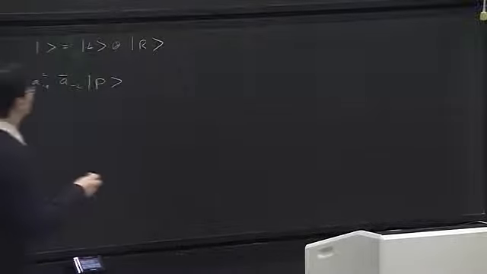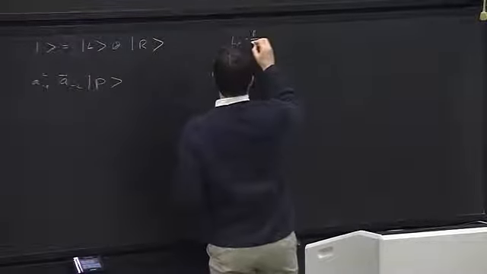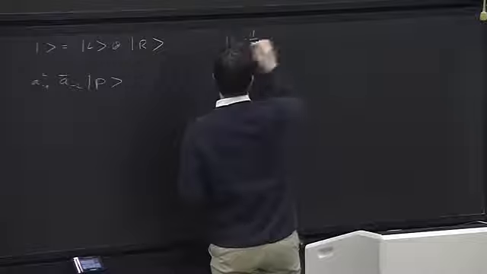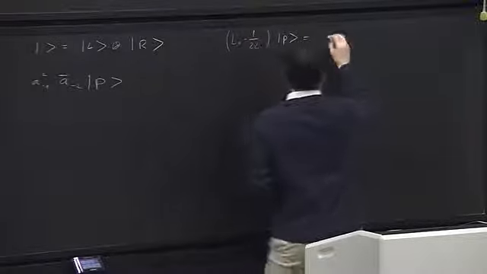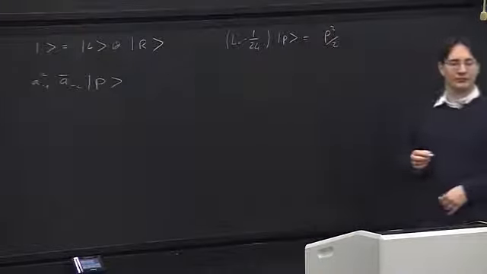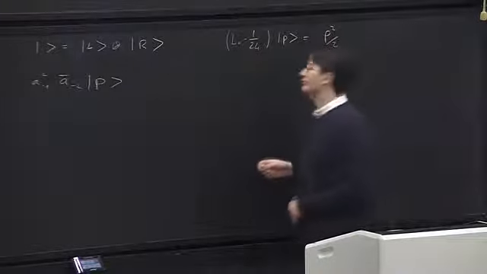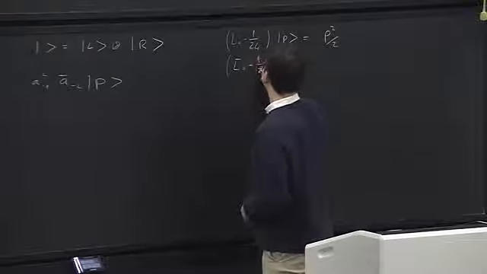If you act with L_0 minus 1/24 on |p>, you get p squared over 2. The same if you act with L̄_0 minus 1/24.